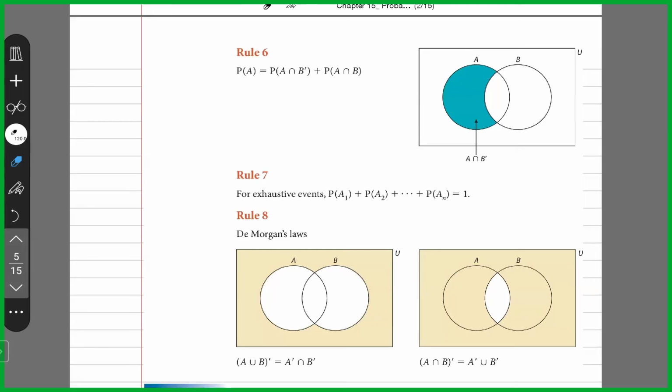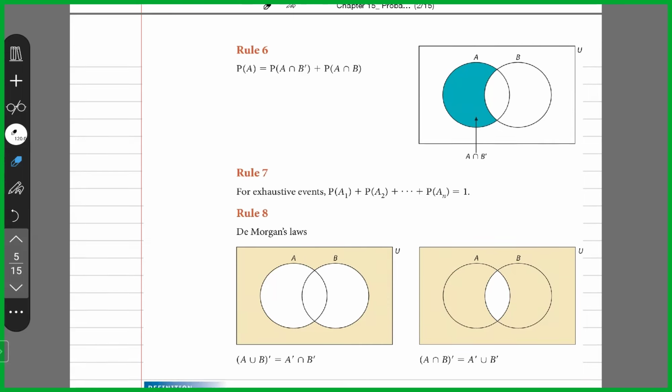The probability of A is the probability of A intersect B complement plus the probability of A intersect B, which makes sense because A is a combination of A intersect B complement plus A intersect B.